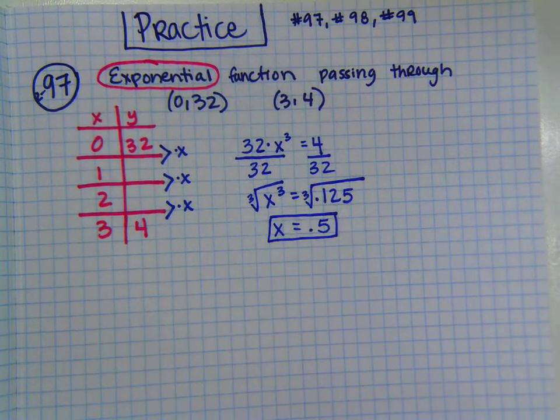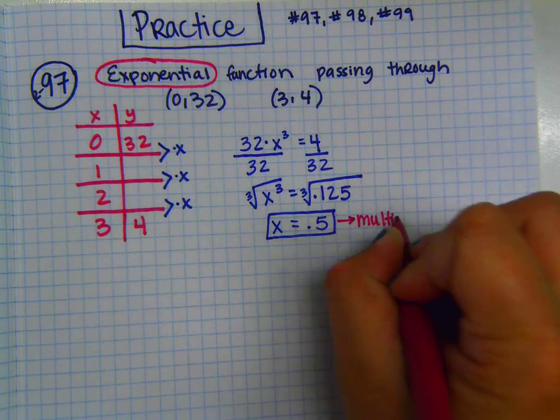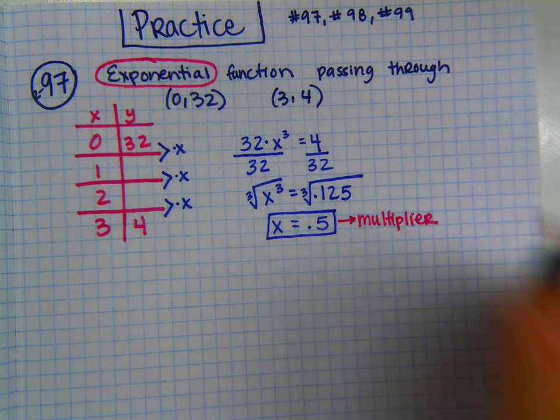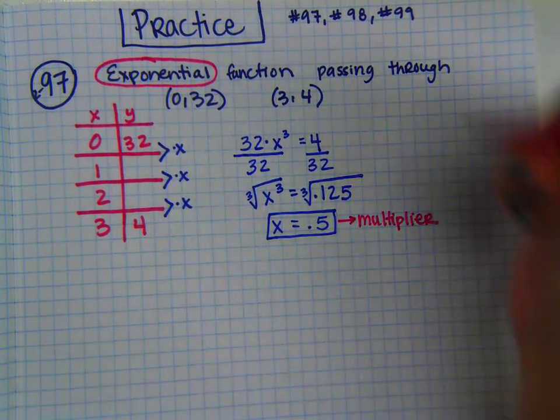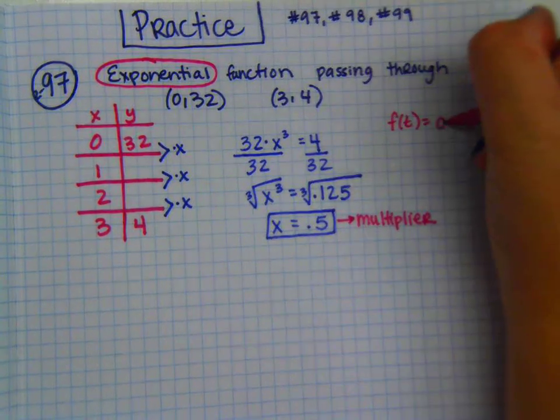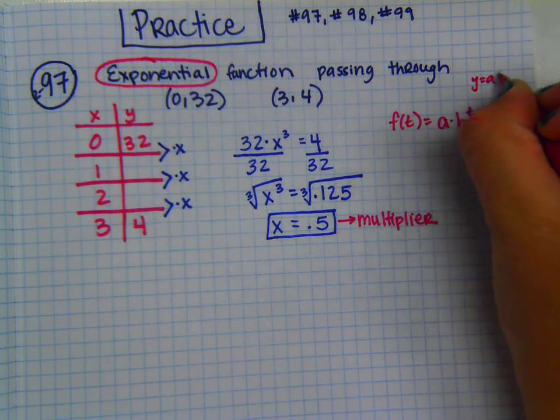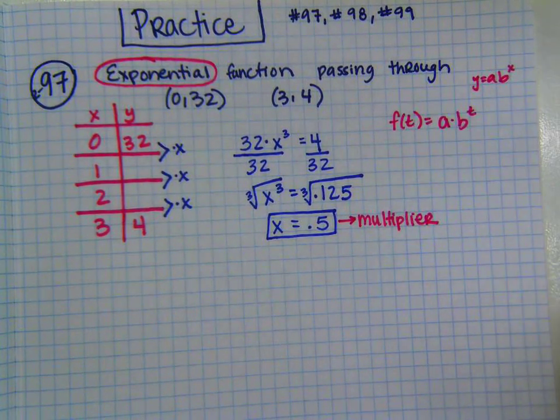What did I just find when I found x equals 0.5? I found the multiplier. So an exponential function will be f of t equals a times b to the t, or you can always write it as y equals a b to the x. They mean the same thing.